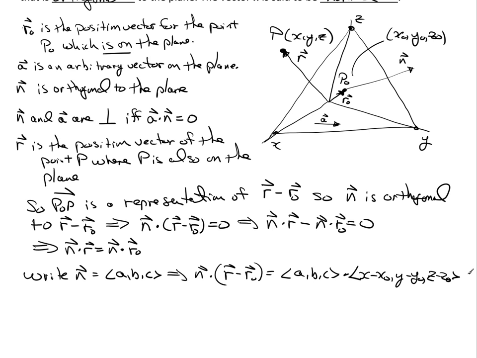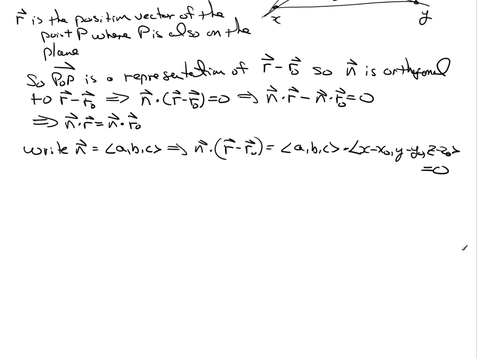Now this must be, I ran out of room here, but this also must be equal to 0. That would then imply, if I actually do the dot product here, I would get a times (x minus x naught) plus b times (y minus y naught) plus c times (z minus z naught) is also equal to 0.